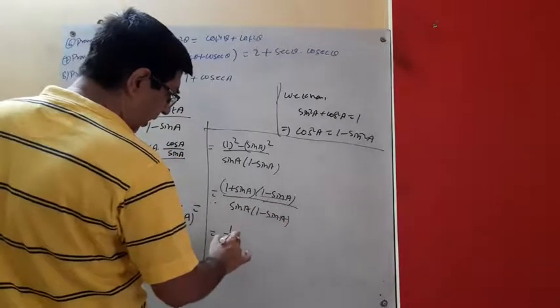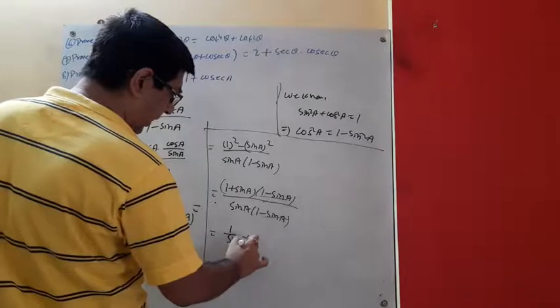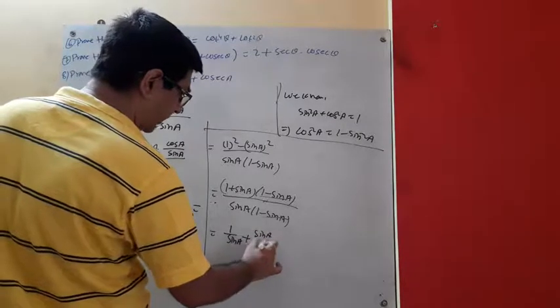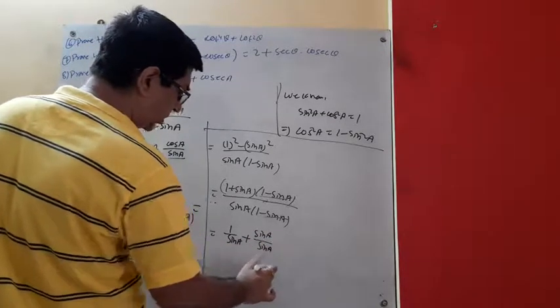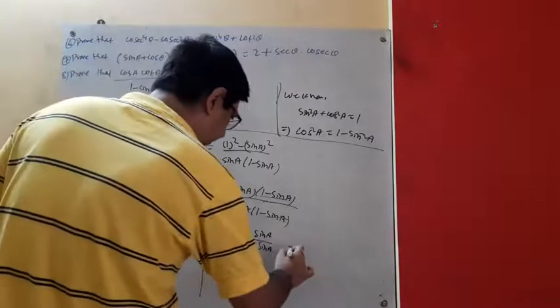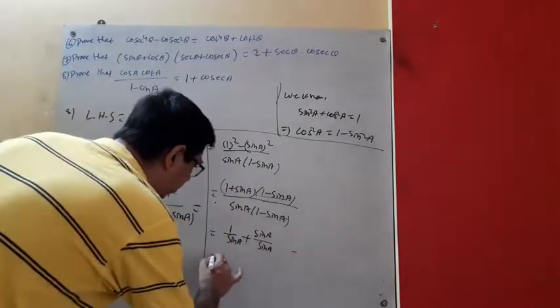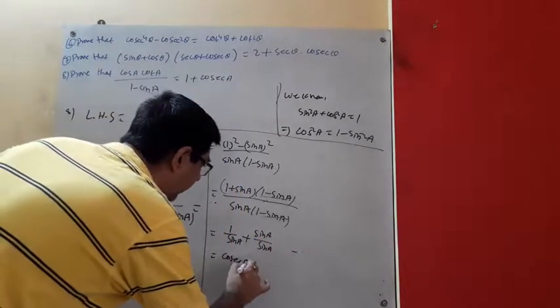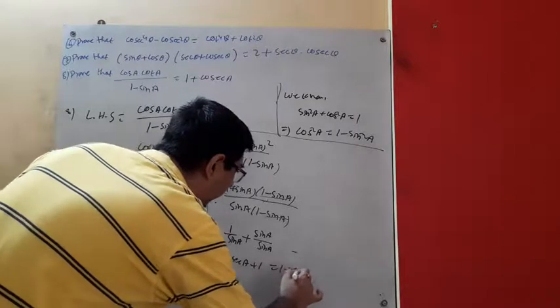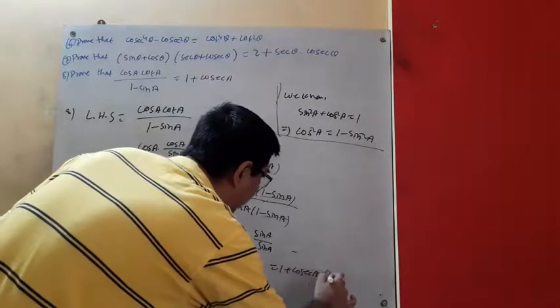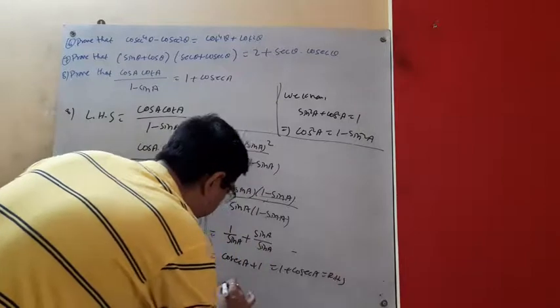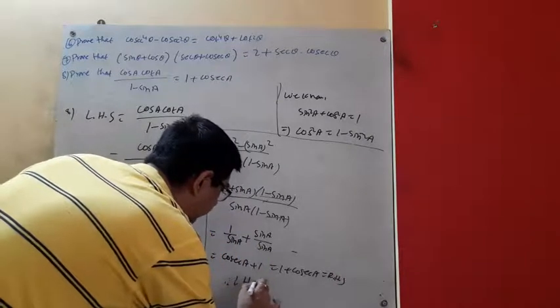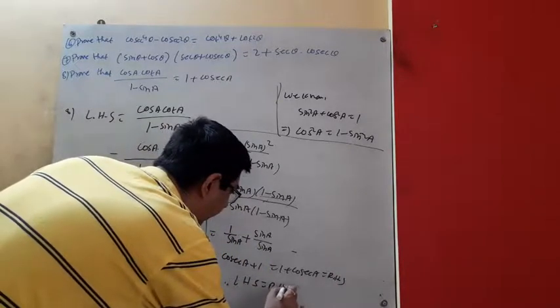Now we can add 1 by sin A plus sin A by sin A, right? Look, this is 1 by sin A means cosec A, right? Cosec A plus 1, that is 1 plus cosec A equal to RHS. Therefore, we can write LHS equal to RHS. Proved.